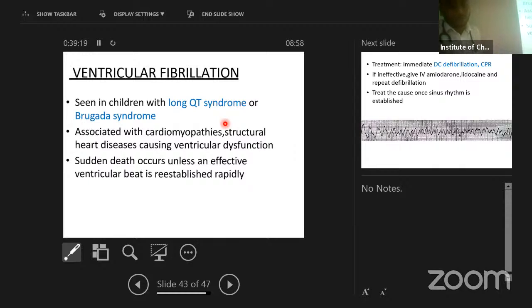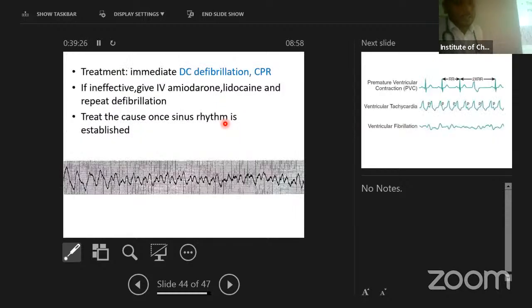That's why we have to manage ventricular fibrillation rapidly, with immediate DC defibrillation or CPR. If ineffective, give IV amiodarone or lidocaine, and repeat the defibrillation again. Then treat the cause once sinus rhythm is established.